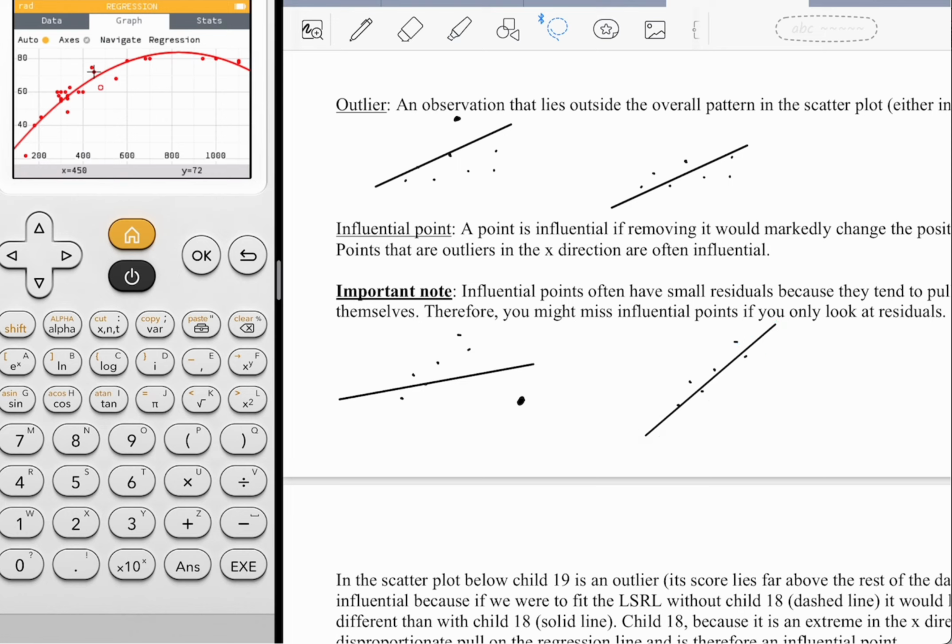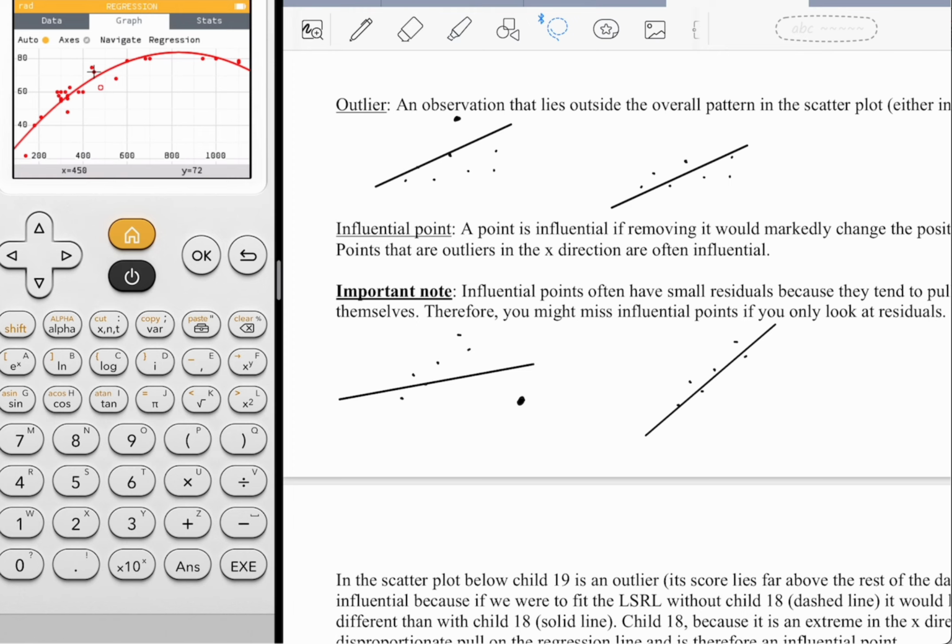Now that might not seem like a big deal. Why is it more important for an outlier to be in the horizontal direction versus the vertical one? If you remember how we computed the slope of the regression line, we use the correlation coefficient as a multiplier. So what impacts the correlation coefficient impacts the slope and vice versa.